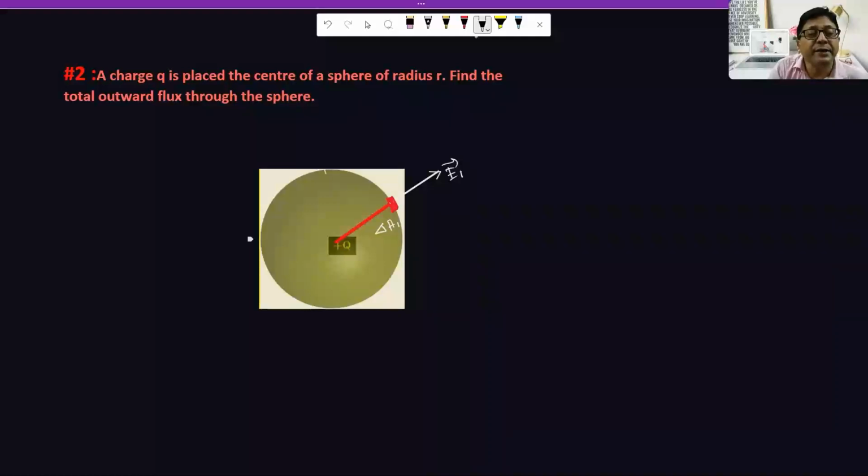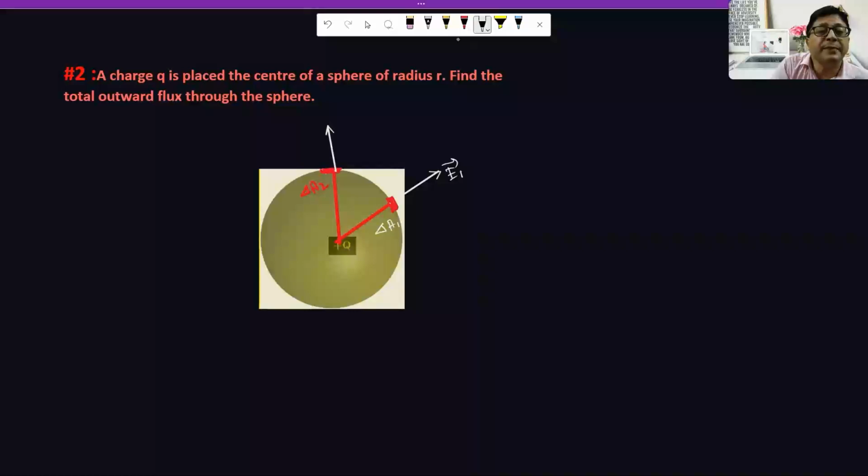Similarly, we take another elemental portion here, a very small part. We imagine the surface area of the sphere divided into many parts. Then due to those parts we are going to calculate electric flux. Let this area be delta A2. The field line is going outward like this.